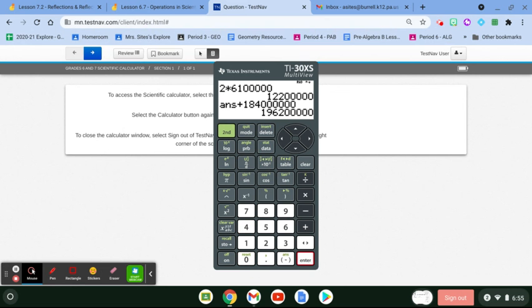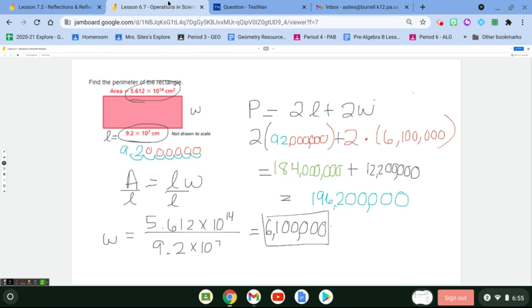Okay, so here's the result. The perimeter of this is really large. It's 1, 9, 6, 2, and then 1, 2, 3, 4, 5 zeros. So 196,200,000. Okay, and that's in terms of centimeters. Now, we're talking about a perimeter, so we're just going to leave the units as is.